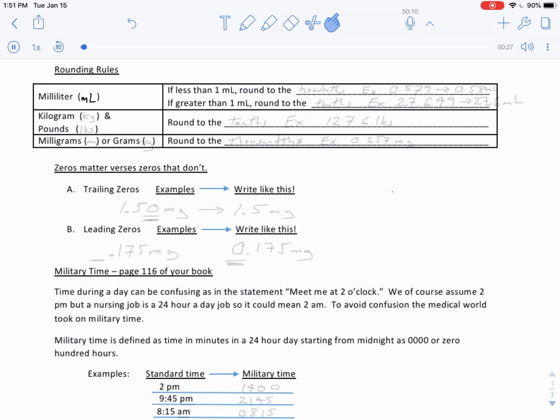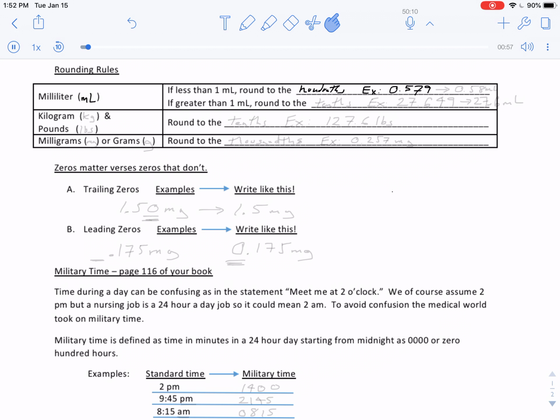And if it's less than 1 milliliter we're talking about, so a small dose, a small little amount of milliliters, then we round to the hundredths place, hundredths. So an example of this would be something like 0.579.